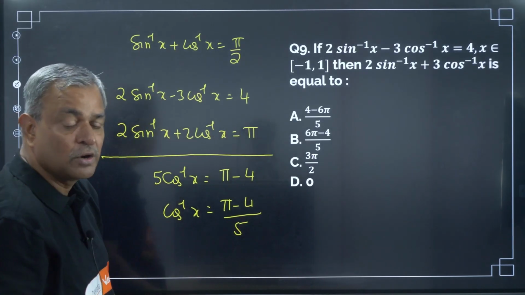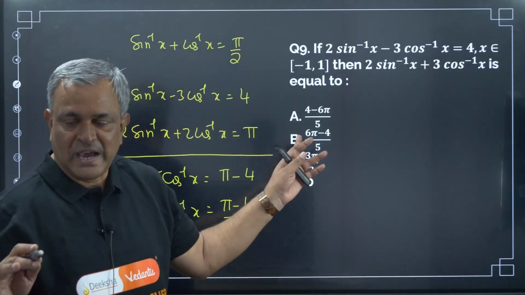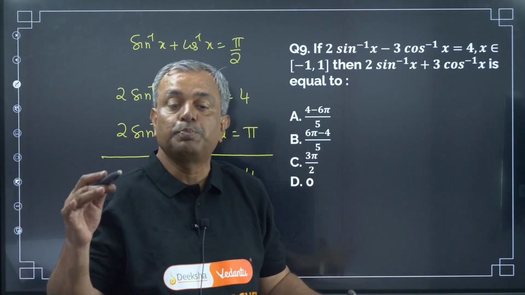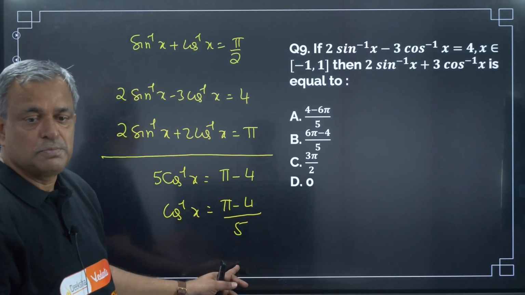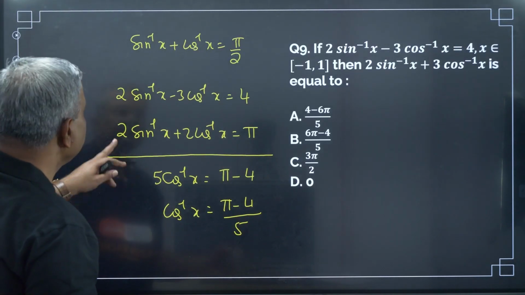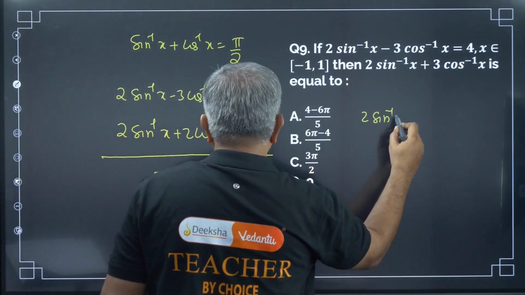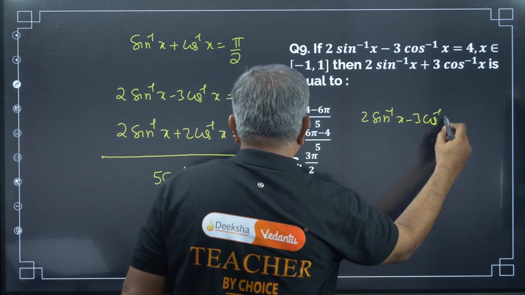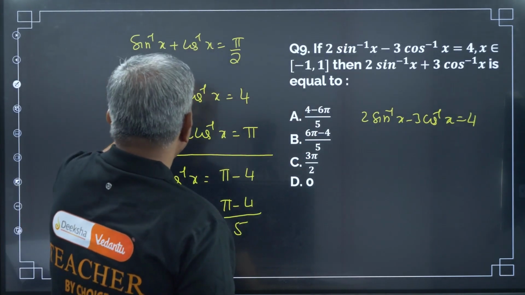Why I am saying it is wrong: cos inverse x is never negative. Output, I have explained in the previous problem, always lies between 0 to pi. That's why there is a conceptual mistake. But what the examiner expects, once this is done, again you take 2 sine inverse x minus 3 cos inverse x is equal to 4. Next time you multiply by 3.